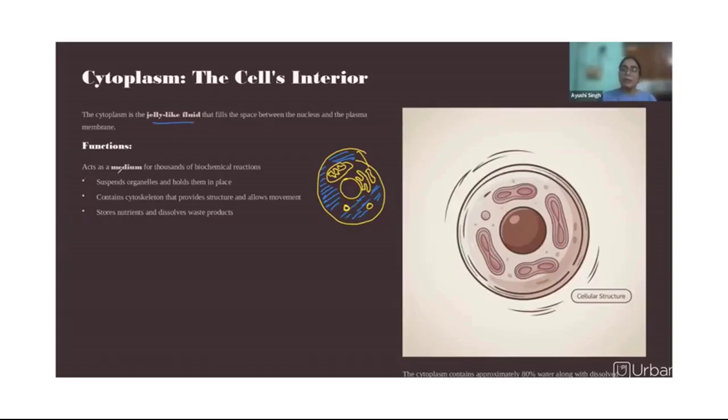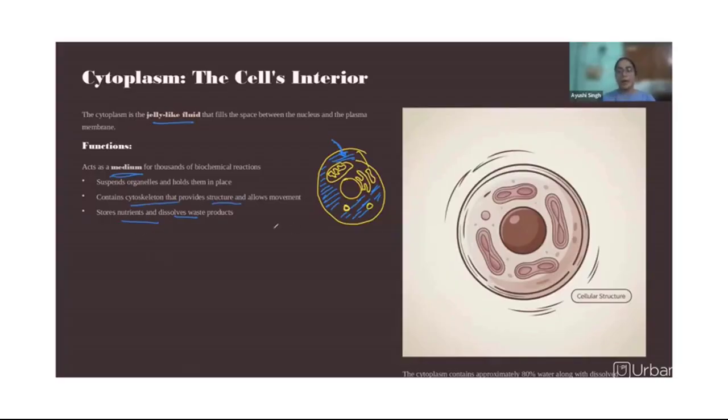Its function is that it acts as a medium for thousands of biochemical reactions. Lots and lots of biochemical reactions happen in the cytoplasm, and it also helps in transferring different kinds of ions. It stores nutrients and dissolves waste as well, and also contains the cytoskeleton that provides structure and allows movement.